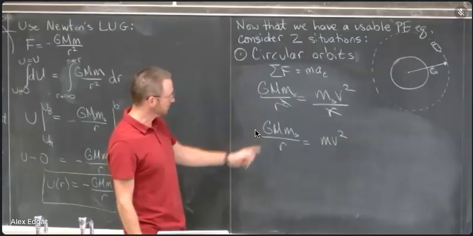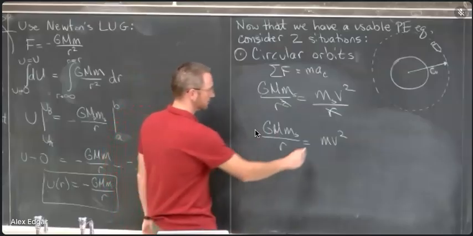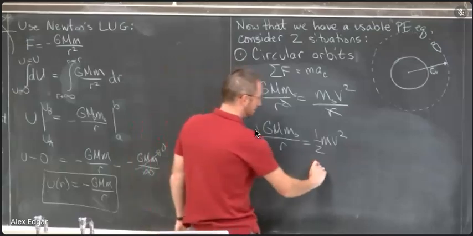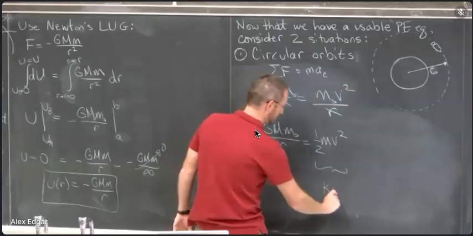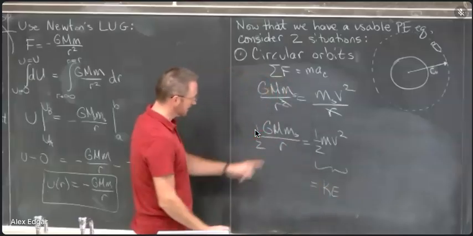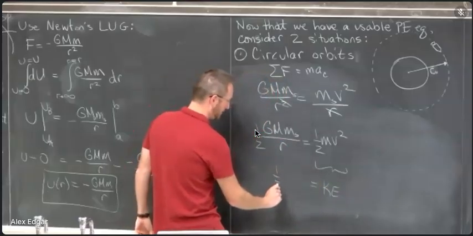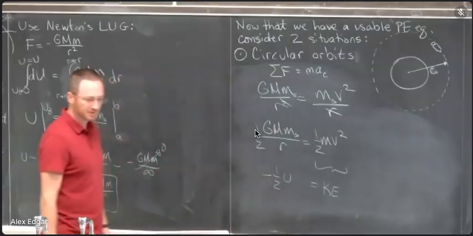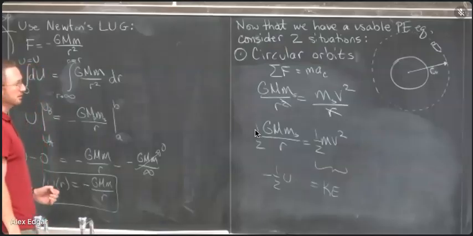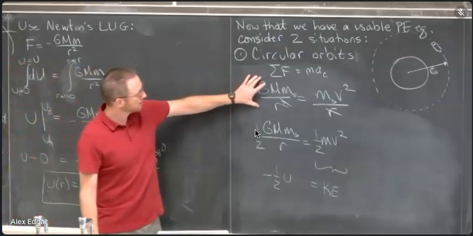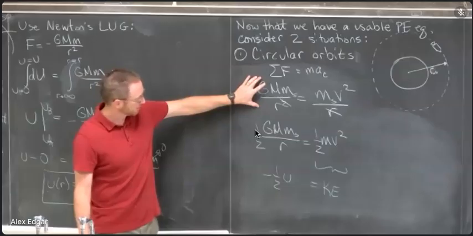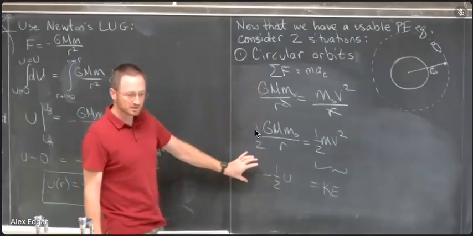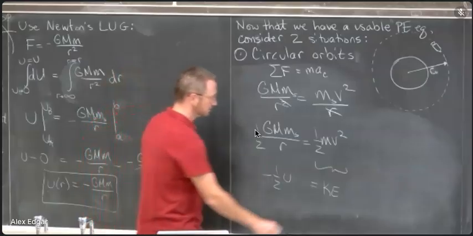So if we multiply both sides by a 1/2, this side is kinetic energy, and this side is 1/2 of the negative of potential energy. And what we have here is we started with forces of an object in orbit, and we ended up with the energies. Now this only works, this is a special case relationship.